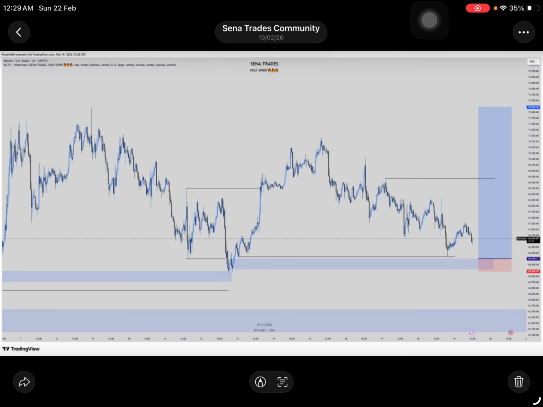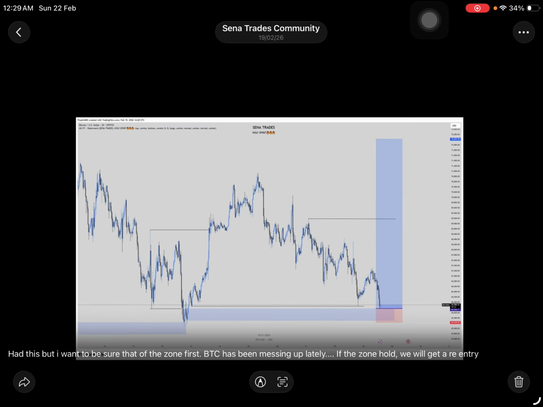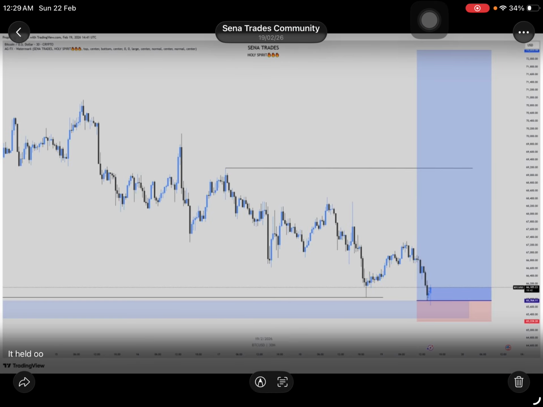This is the first analysis I did, when I saw the trade on 30 minutes. This entry I took in 30 minutes. And this is when it triggered, and then I realized that the zone held.